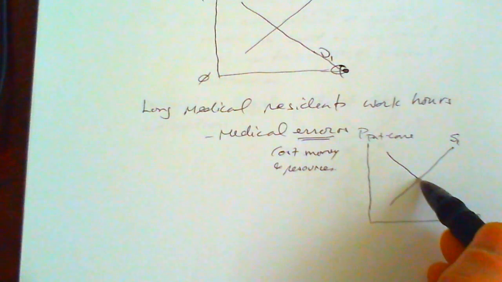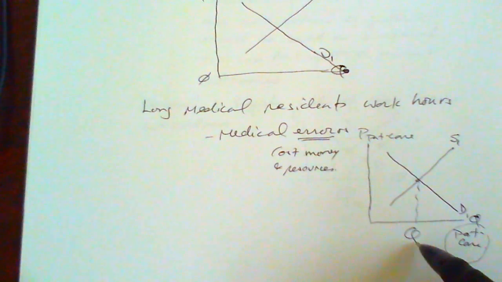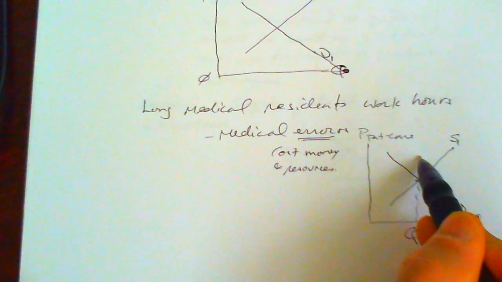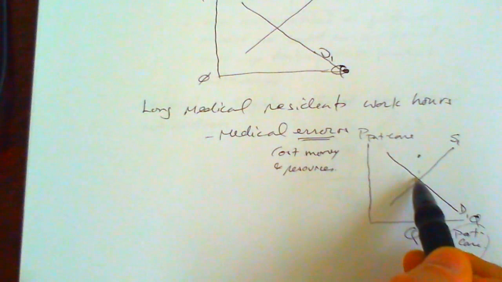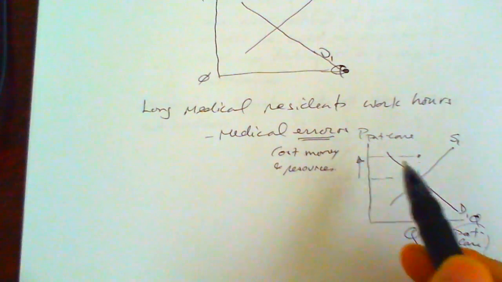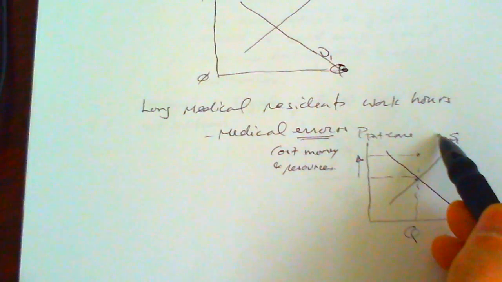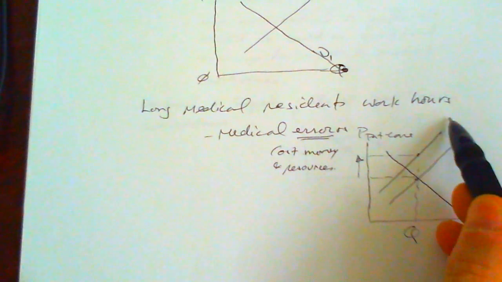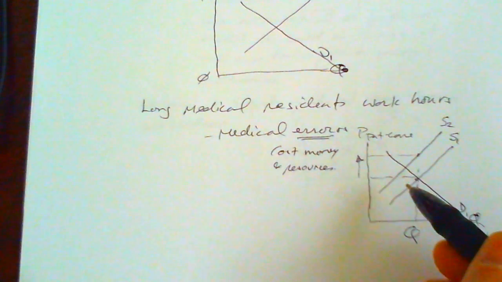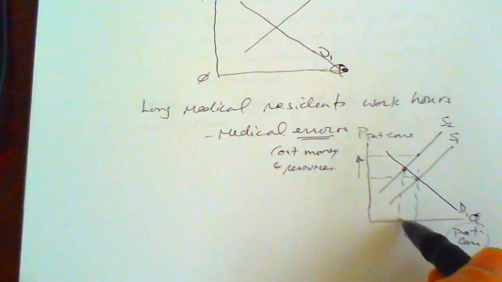So the same level of service that used to be provided costs more to deliver because of the potential harm. If the cost goes up, so does the price of delivering, and that shifts the supply to the left. As a result, overworked medical residents end up delivering less services.